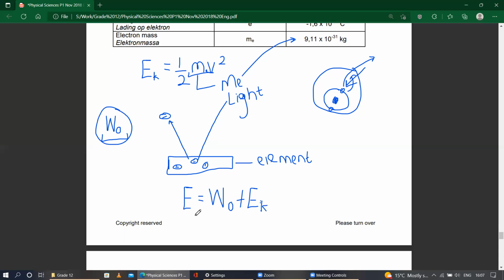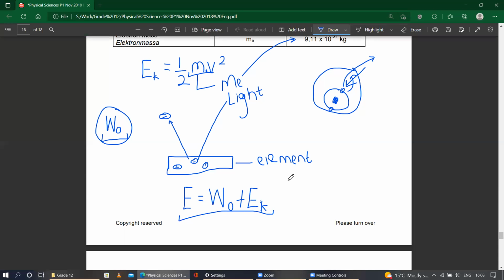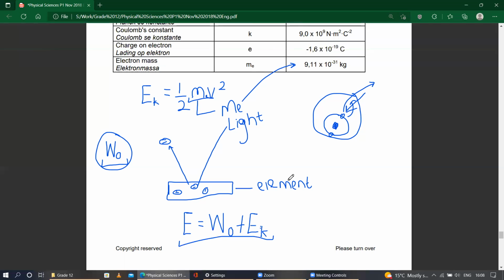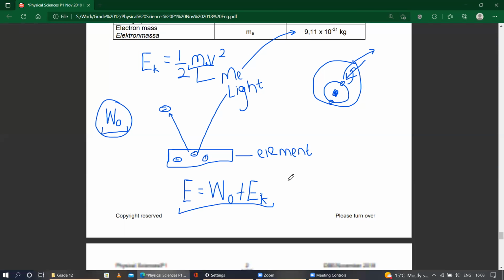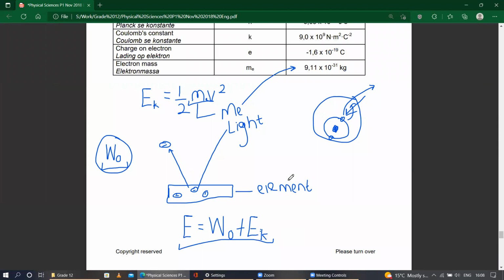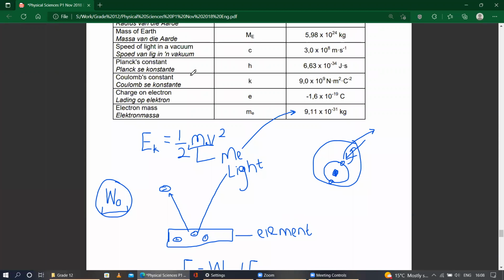this equation, you're mostly going to be using it. And so do you guys know Planck's constant? I don't. Planck's constant h.